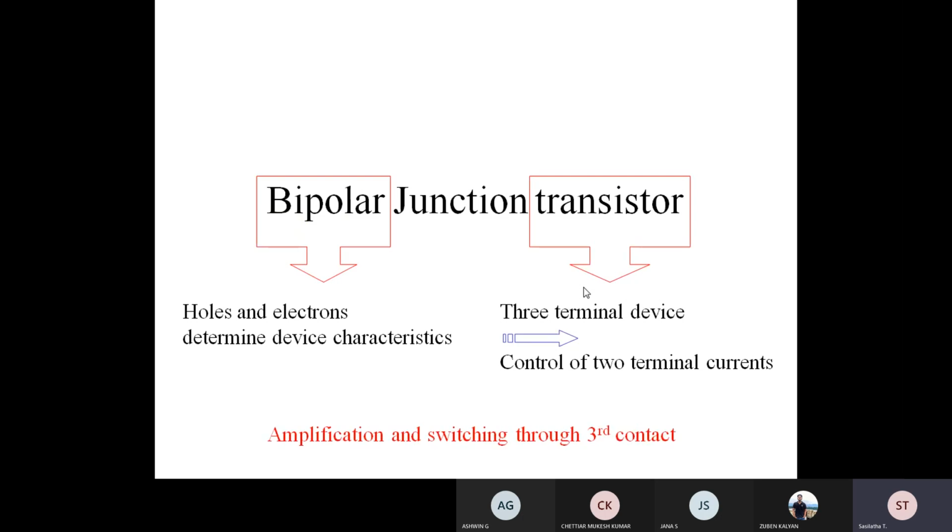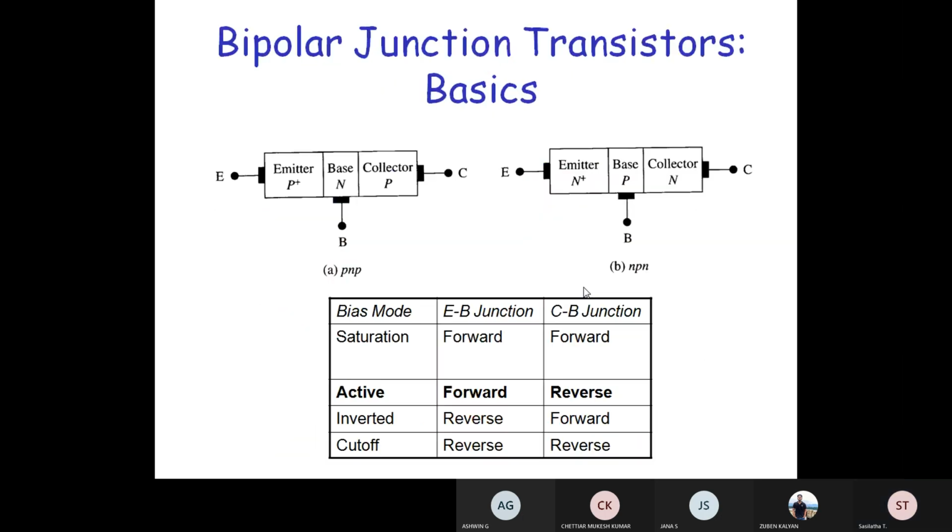Now I will discuss different types of transistors. There are two different types: the PNP transistor and the NPN transistor. First I am talking about the PNP transistor.